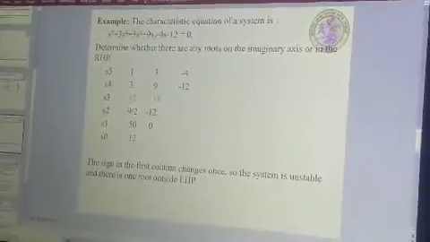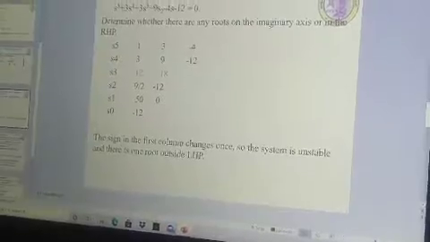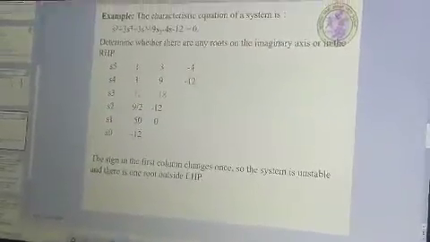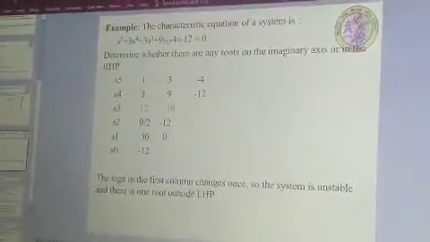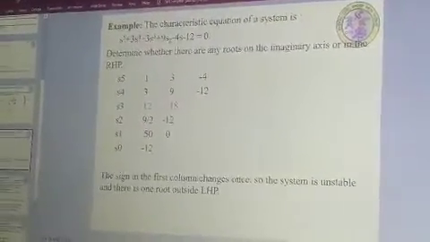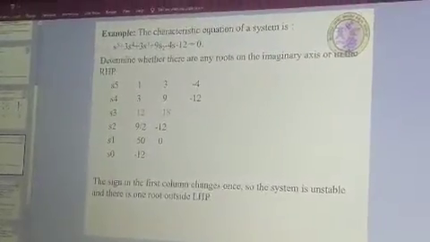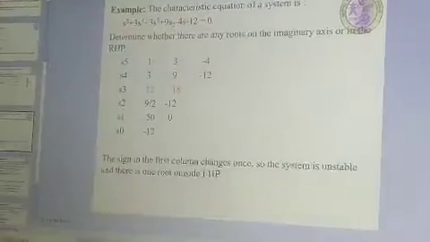The sign in the first column changes once. You see here, last an is equal to 12. An is equal to 12 is present as the last element in this Routh tabulation. After this 12, there is no coefficient next.